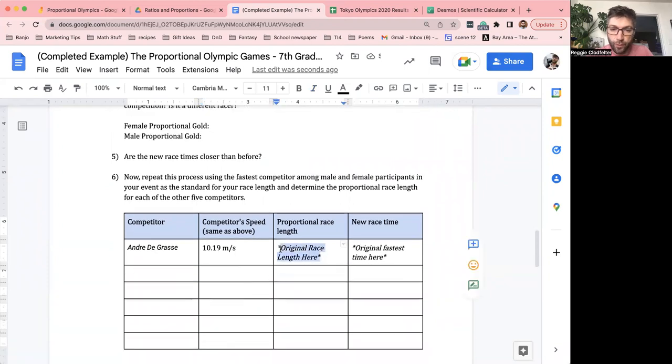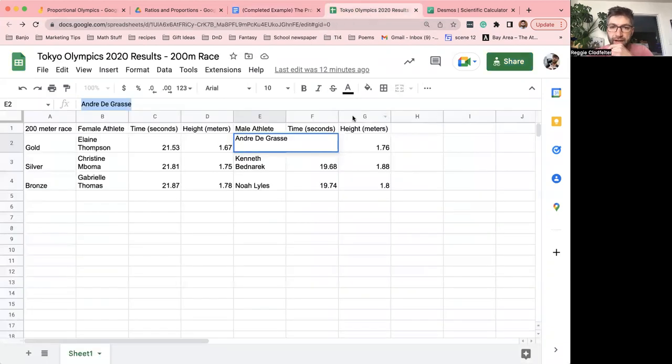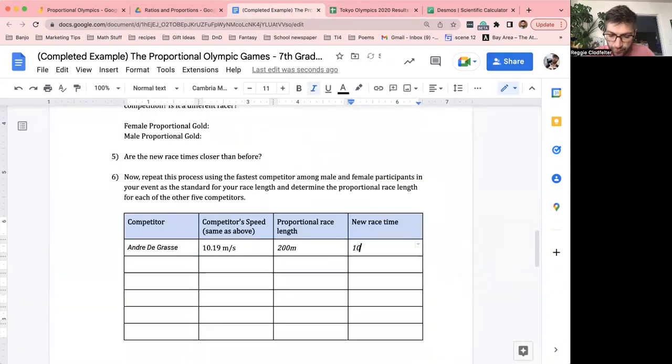Then in my first row, I'm going to put my original race distance, which is 200 meters, and the original time, which was 19.62 seconds. So this first row is mostly just information from the spreadsheet: fastest competitor, their speed, the original race length, and their time.